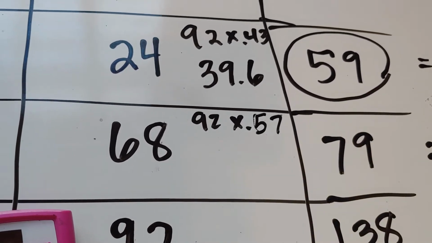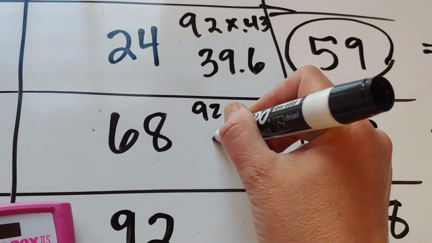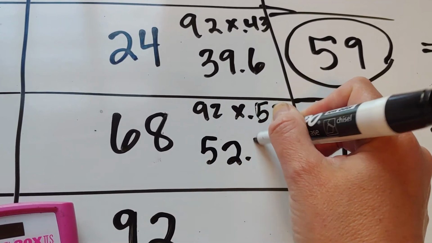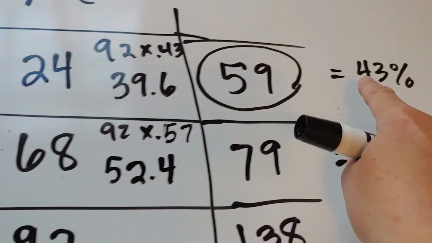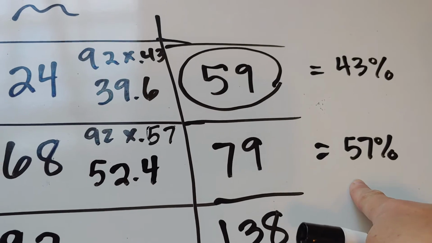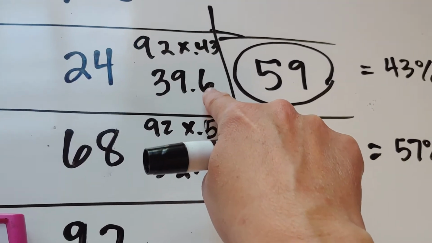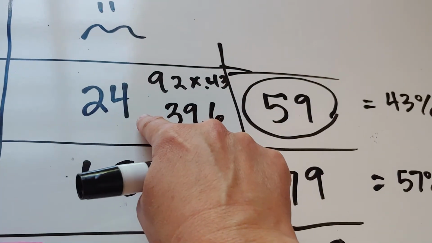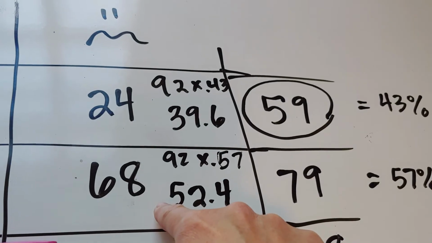And I get 52.4. Those percents of 43 and 57 are 43% and 57%. So, if nothing was going on here, we'd expect approximately 40 sad people to still be in school and about 52 sad people to not be in school.